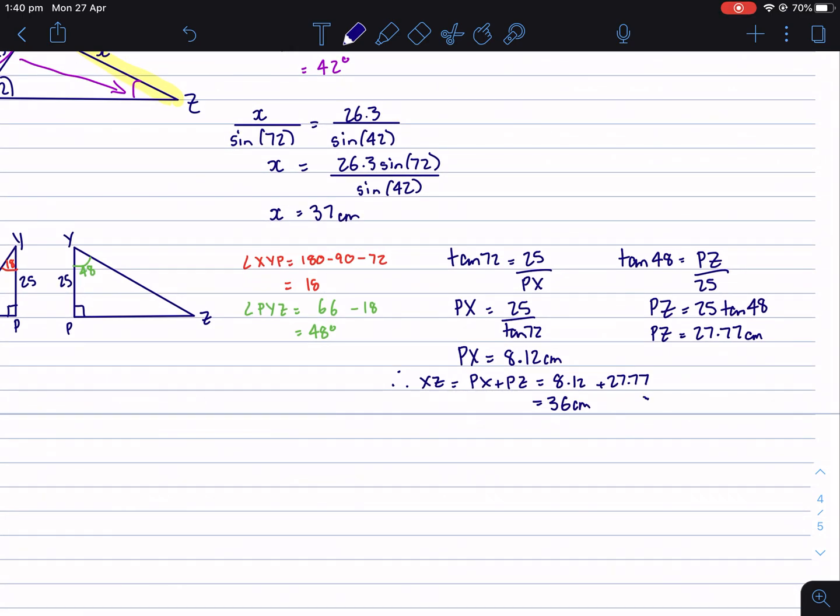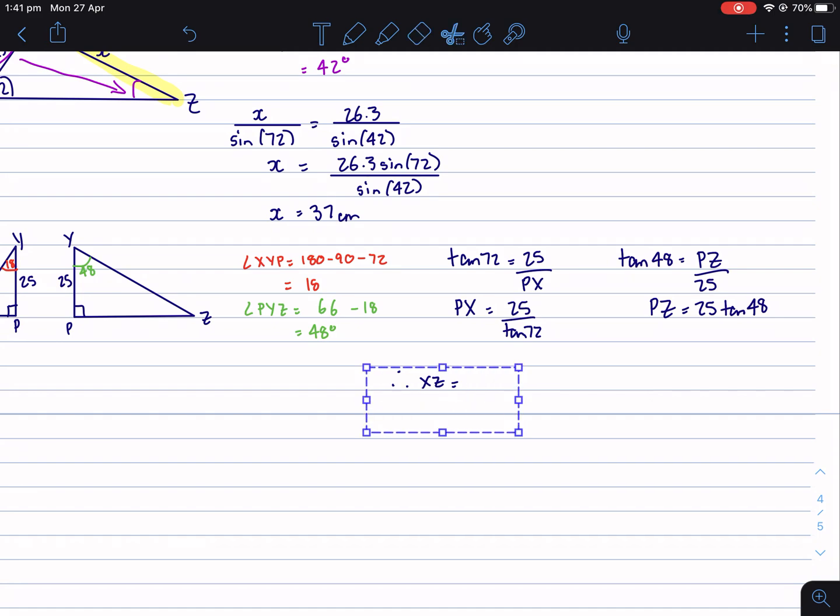So this one would have been more accurate had I used their actual ratios. So for this one, I could have done 25 over tan 72 plus 25 tan 48. Let's see if that's more accurate. 25 over tan 72 plus 25 tan 48. Okay, 35.888.